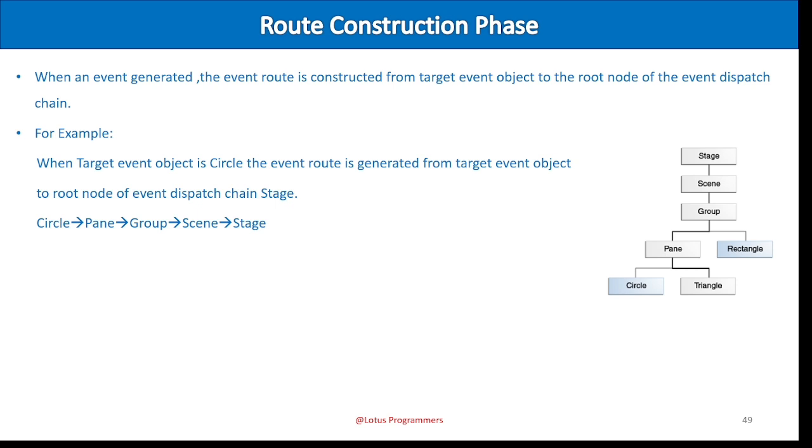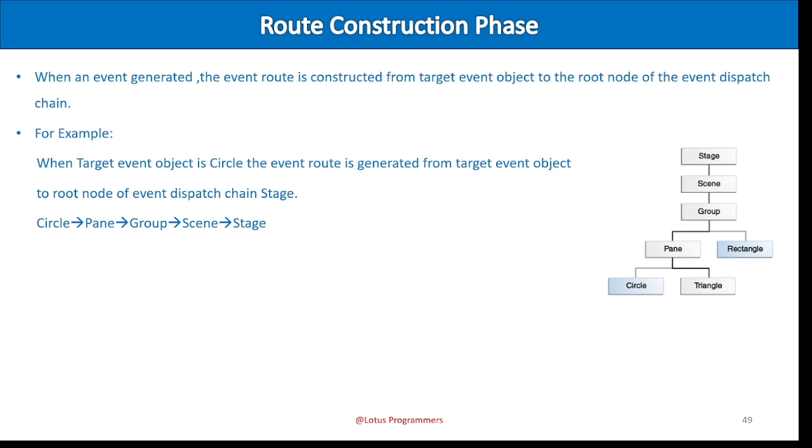Next, from the circle to the stage, a specific route path is created. What are the nodes and the graphical user elements? What are the different objects in the JavaFX lifecycle? In the entire JavaFX application process, those objects are identified.